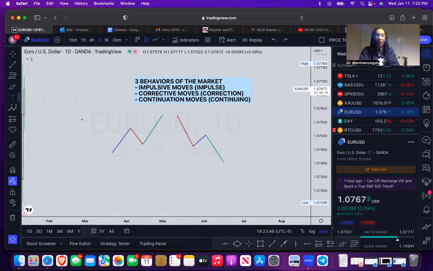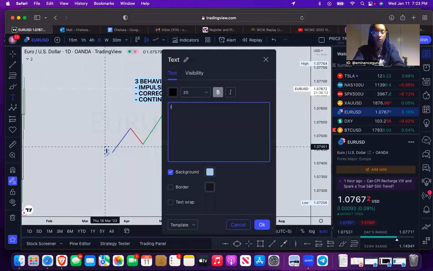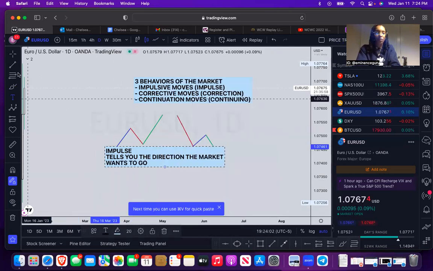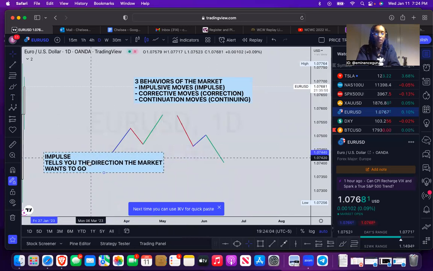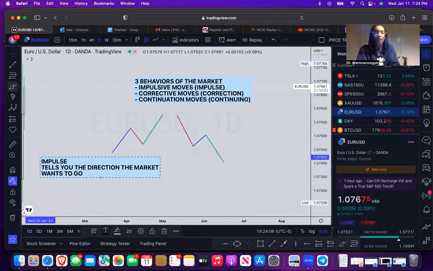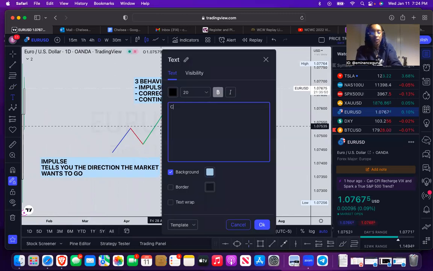So your impulse tells you the direction the market wants to go. That's your impulse. Your correction confirms the direction, aka the impulse. It's confirming it.